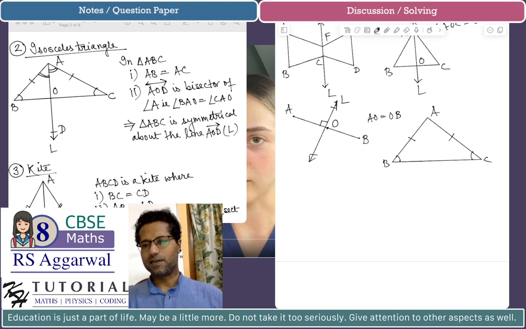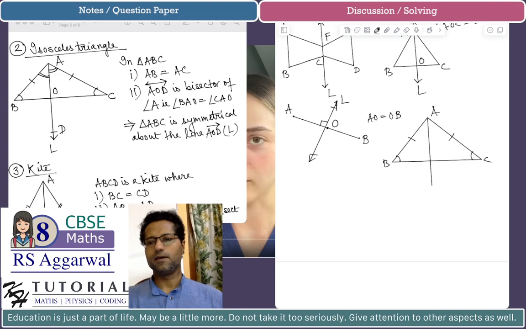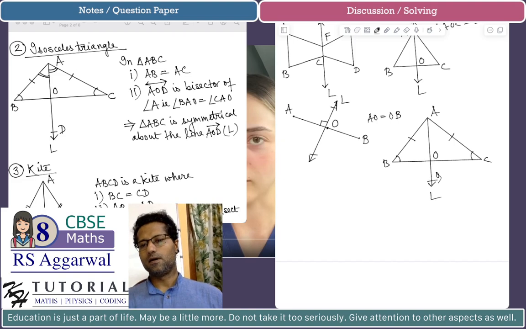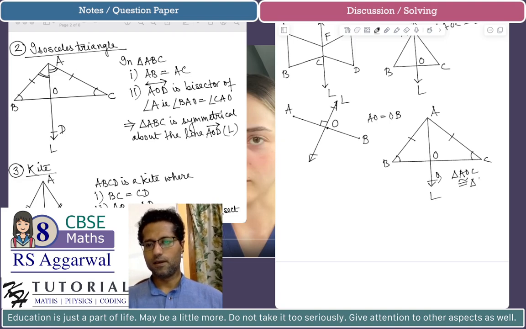If you bisect the angle by a line, let's say this is the line that is bisecting the angle A, and this line intersects the opposite side BC at point O, and say this is Q. Then the line AOQ, or the line L, is the line of symmetry for this isosceles triangle ABC, because the triangle AOC will be congruent to triangle AOB.